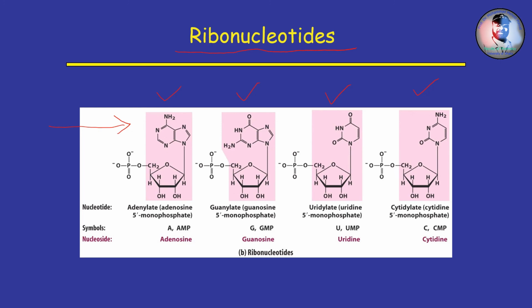The sugar part of RNA's nucleotide, that is ribose, and the phosphate part are the same for all nucleotides of RNA. That's why RNA's major nucleotides are 4 types. The 4 major RNA nucleosides and nucleotides' structure, name, and symbols are shown here.